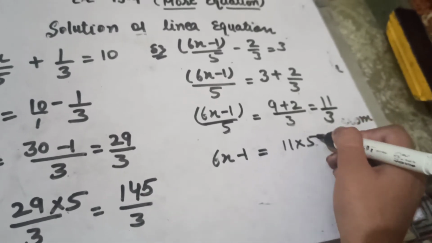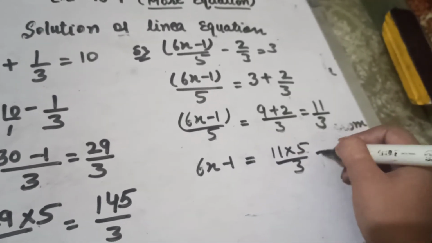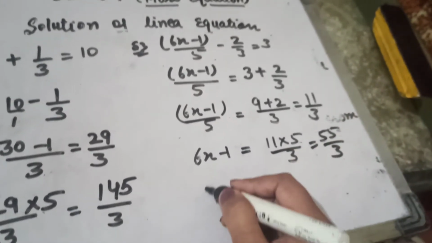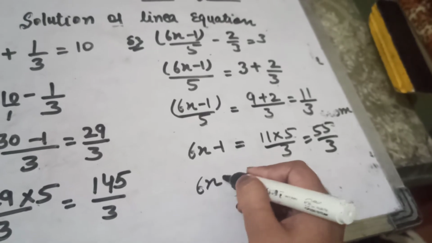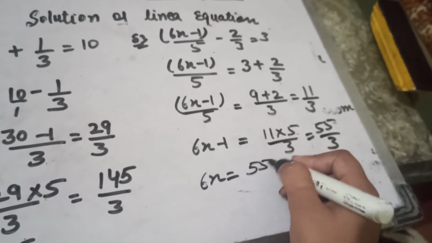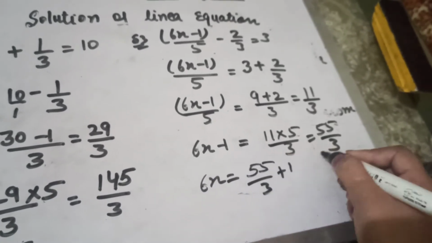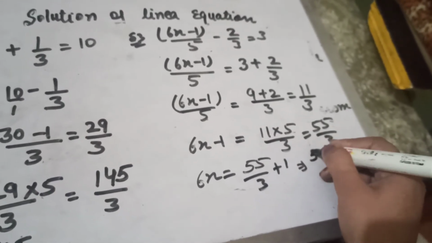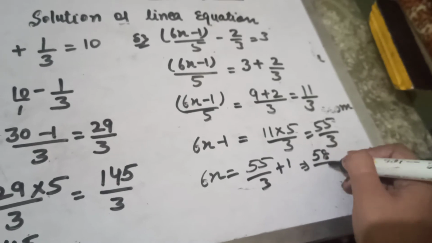11 multiplied by 5 by 3, which is 55 by 3. This 1 will go to this side plus 1. Again 3, when we solve it will be 58 by 3.